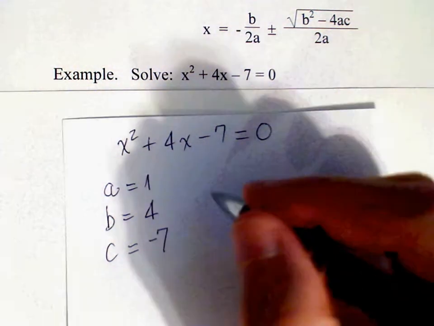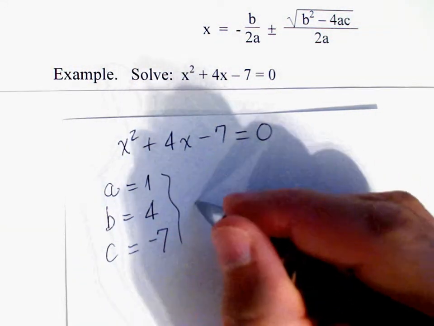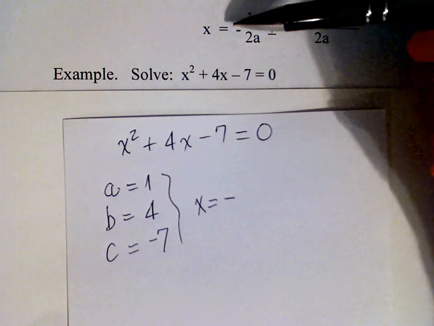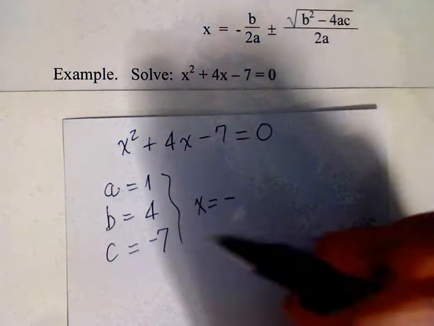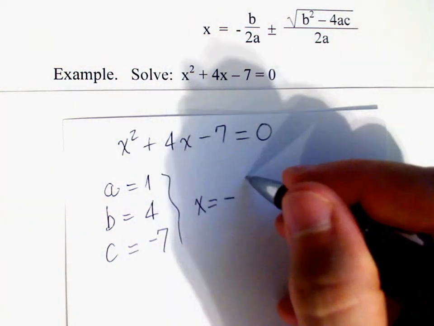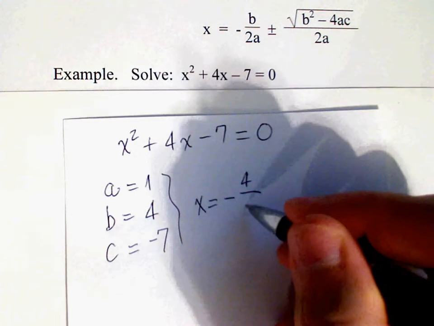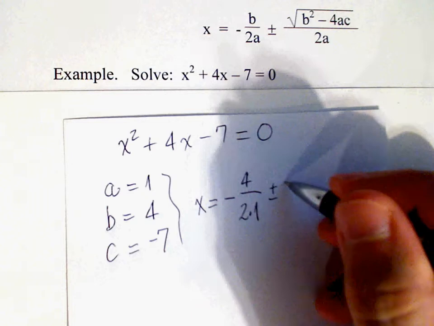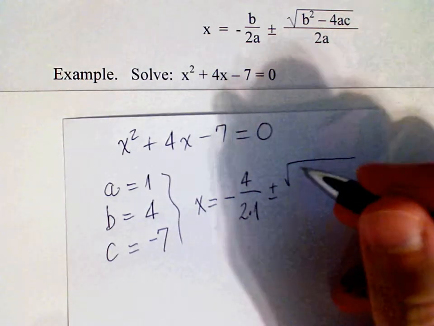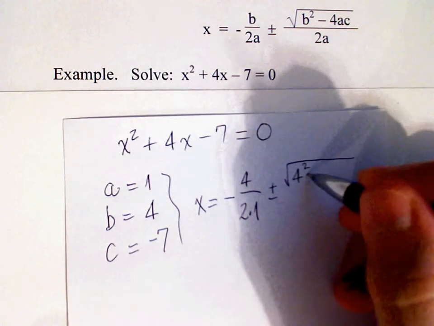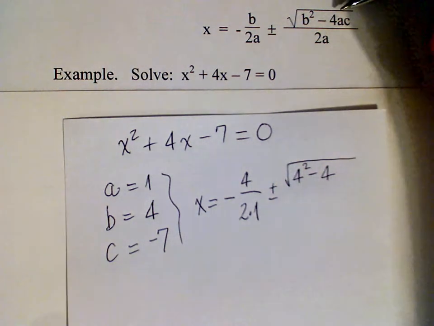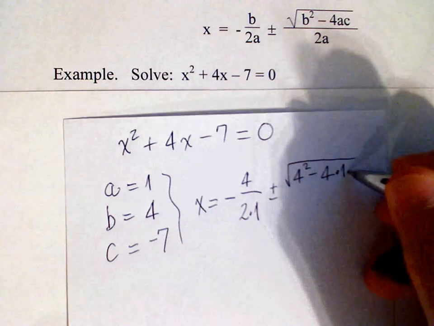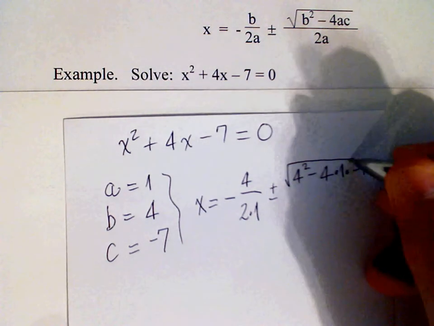Okay, so now we just substitute into the formula, and we get x is equal to negative. Now this negative sign comes from the formula, and then b is 4, and 2 times 1, and then plus or minus. b is 4, so that's 4 squared minus 4, that's this 4 from the formula, and then 1 times -7.